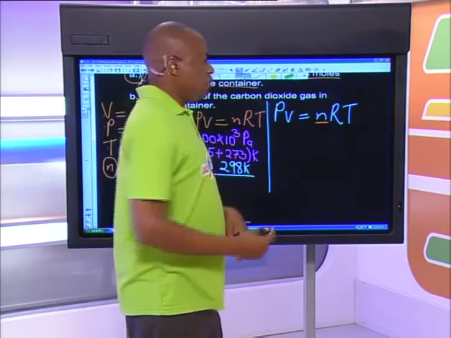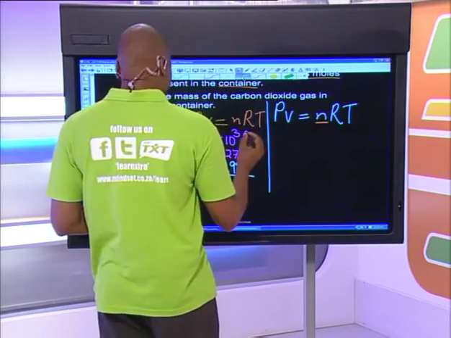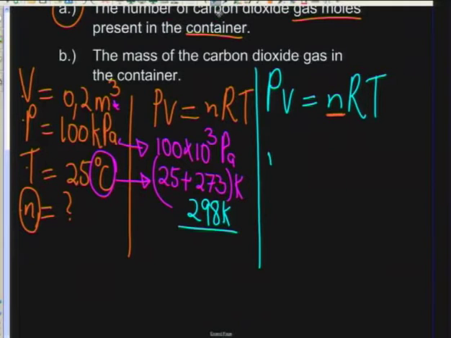What I'm going to do is to substitute what I'm given into this equation here. What is P? My pressure, given to me here, is 100 times 10 to the power 3 pascals.